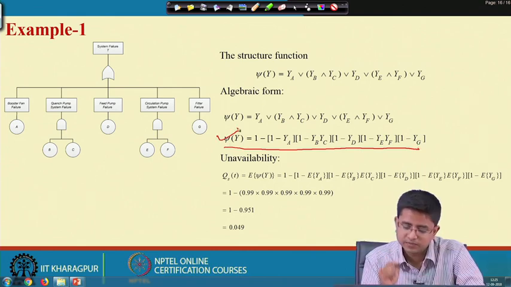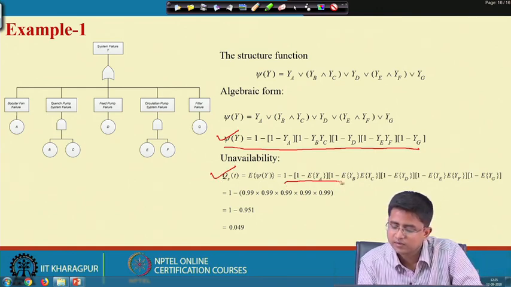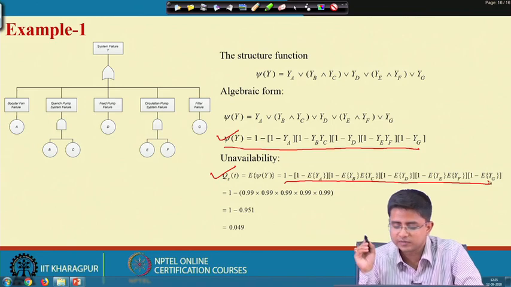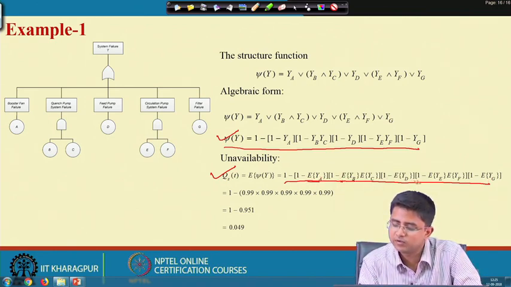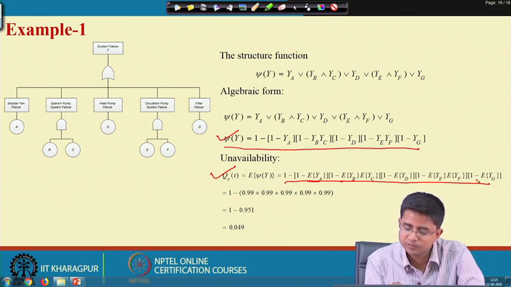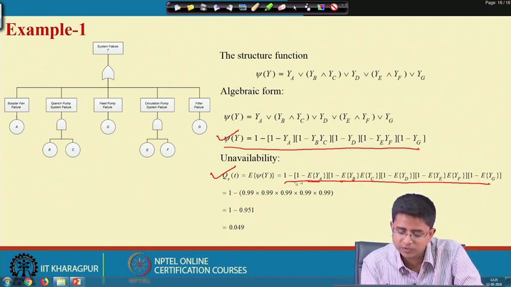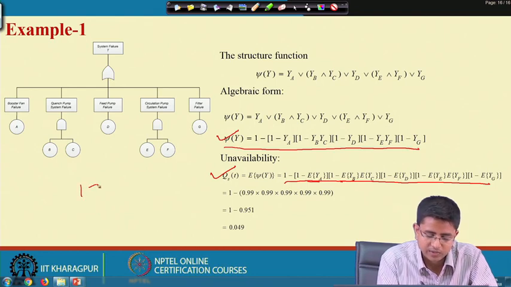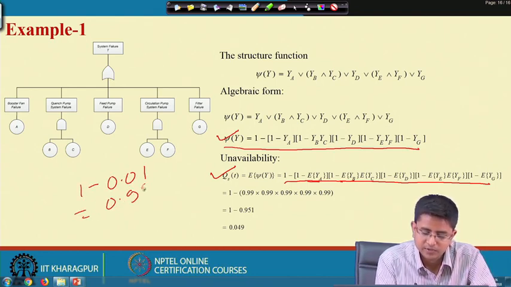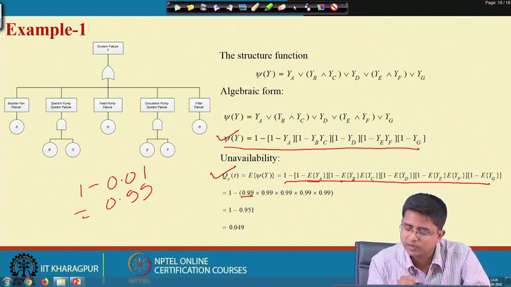Now, this is my unavailability and this is the expression that we have got last, the expected value of y a, y b, y c, all the things. Now, we have to just put in the probability values. The probability of A is given as 0.01. So, 1 minus the expected value of y a will be 1 minus 0.01, that will be 0.99. So, we have written 0.99.